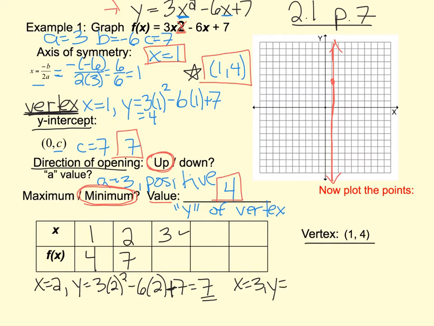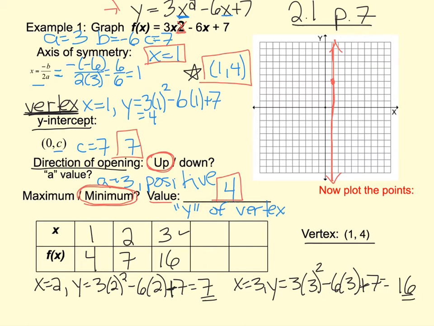So that would be 3 times 3 squared minus 6 times 3 plus 7. And that's going to give me 3 squared is 9. 9 times 3 is 27 minus 18 plus 7. That gives me 16. So when x is 3, y is 16.